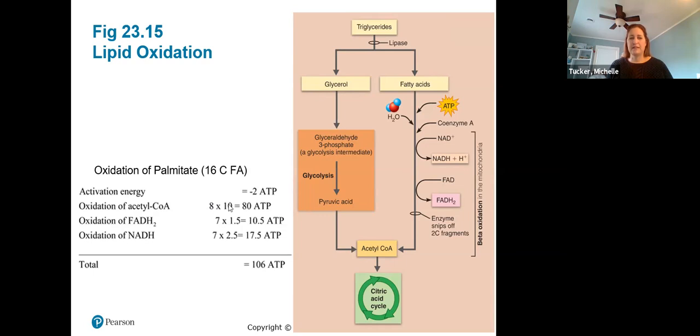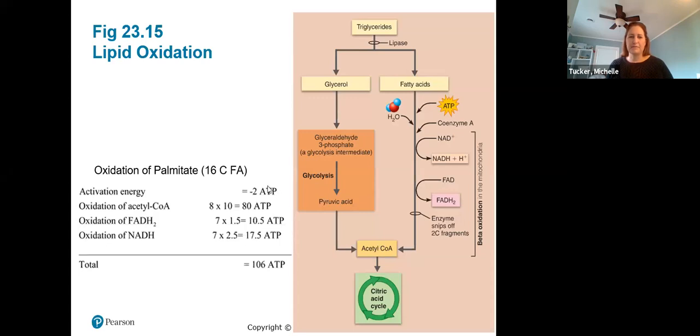And then it will generate 10 ATP per acetyl-CoA that is formed. And I know this is, don't get caught up in the numbers, okay, because the numbers are different from glycolysis, okay?